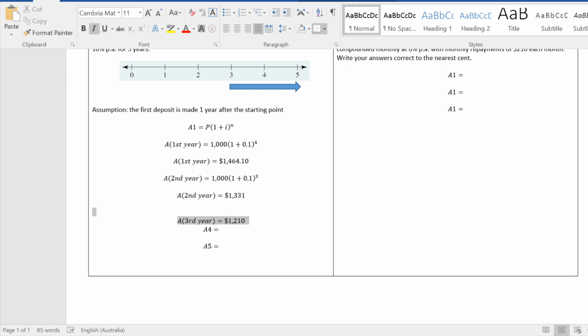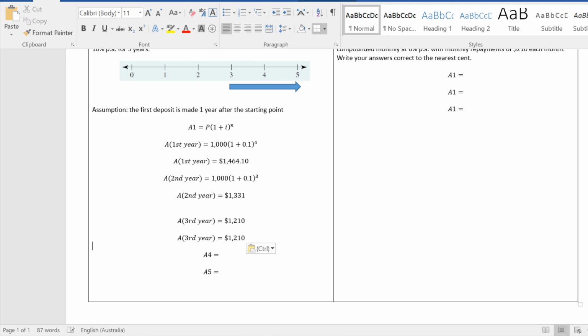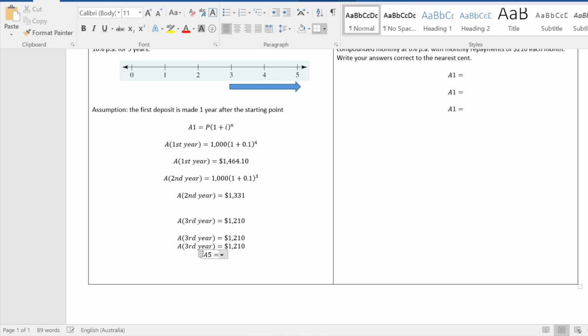So we've just got 2 years to go, the 4th and the 5th year. So I'll quickly pop those in there. I'm just going to quickly calculate the 4th year, and then we're going to do the same for the 5th year. Now, I'll talk you through the 5th year in just a moment.